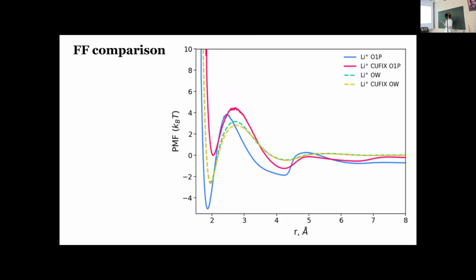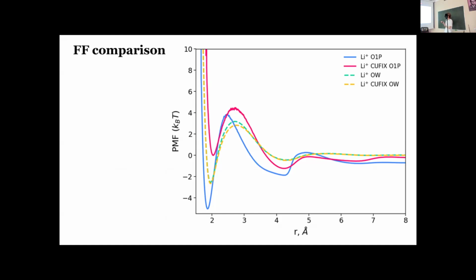The blue line corresponds to lithium near the phosphate groups with the Young-Chetnam parameters, and the red line corresponds to the same, but with this Q-fix from Aksimentiev. We also compared these potential wells with the results for lithium together with the oxygen atom of water, for both the Young-Chetnam and the Q-fix, which should be identical.